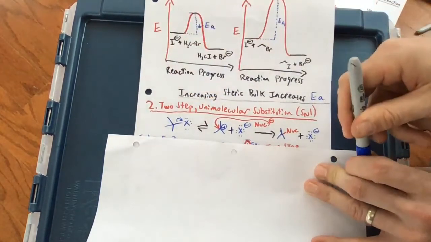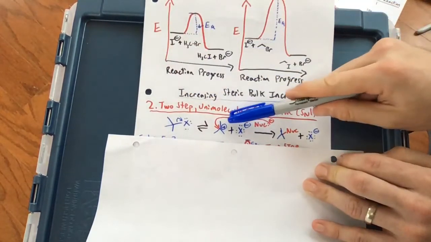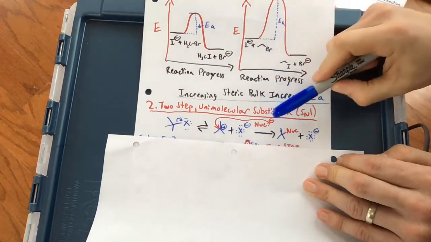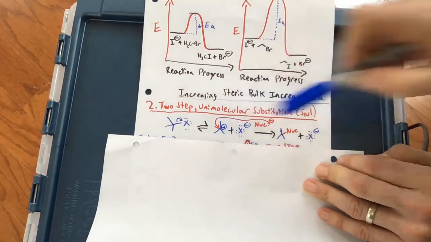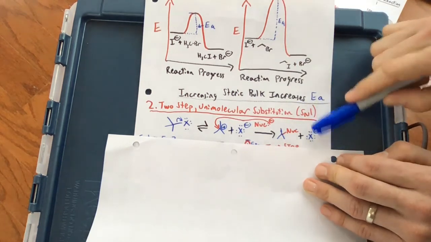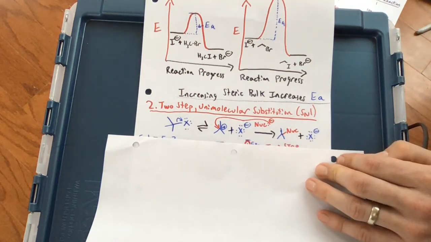So first, you have loss of a leaving group to generate a carbocation and the negatively charged halide atom, and then you have nucleophilic attack on the carbocation to make the nucleophile-alkyl bond, and you still have the halide ion around.